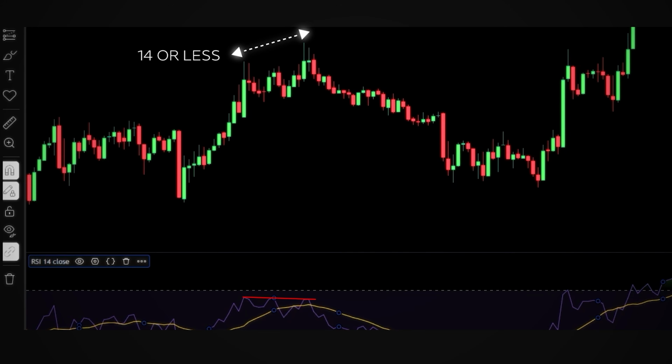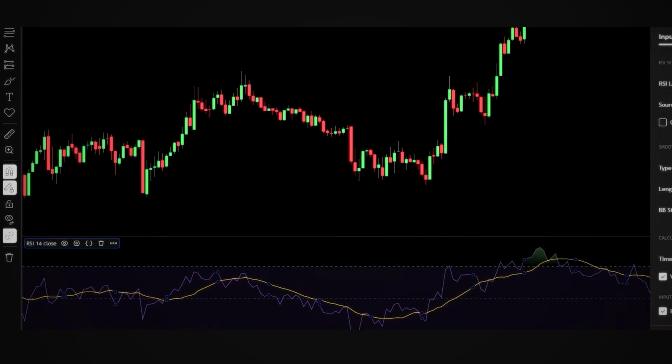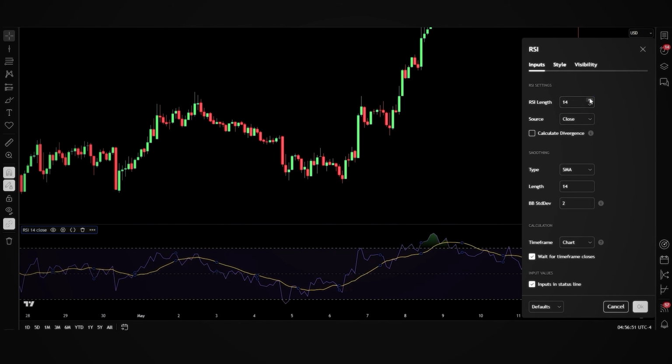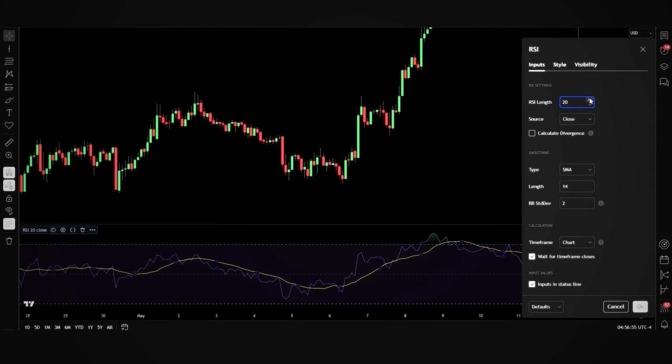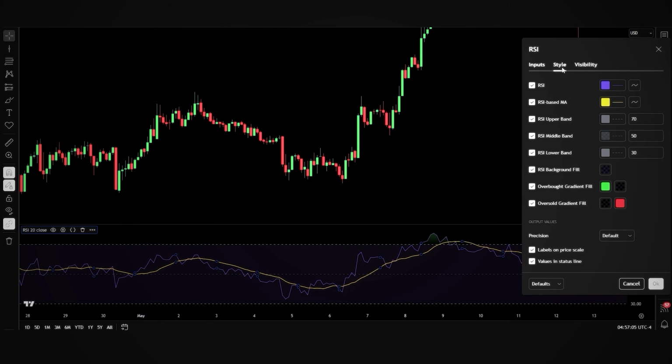If a divergence spans more bars than that, it's not as reliable. Alternatively, you could increase the RSI length if you want to account for some broader trends. The key here is to understand how changing this input changes what the indicator is telling you. These settings, like most things in trading, really should be customized to your preference. There is no one perfect answer.